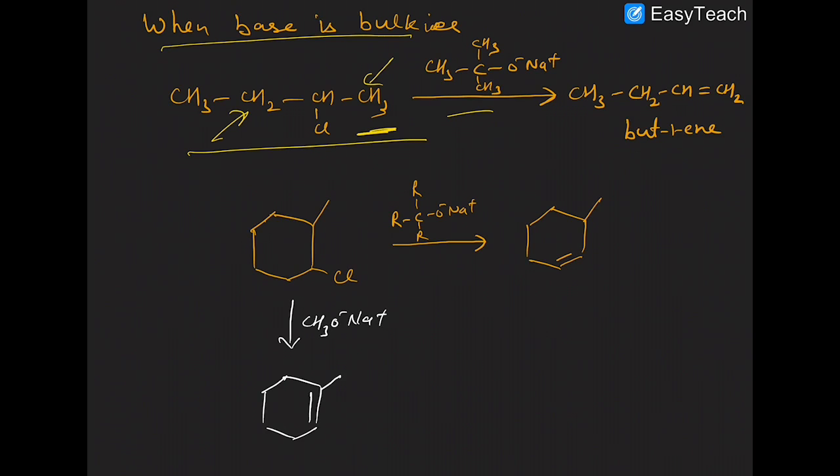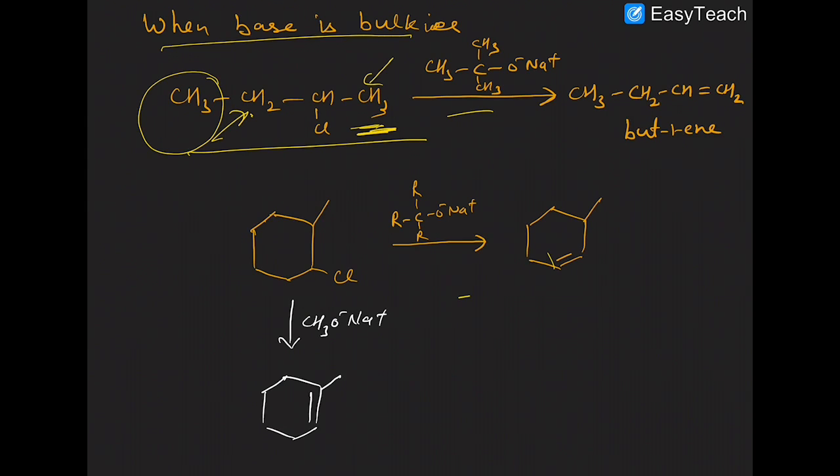Why? Because this carbon will have this methyl group around it, which produces steric hindrance to the bulkier base, the tertiary butoxide ion. So the tertiary butoxide ion can only approach the terminal carbon.